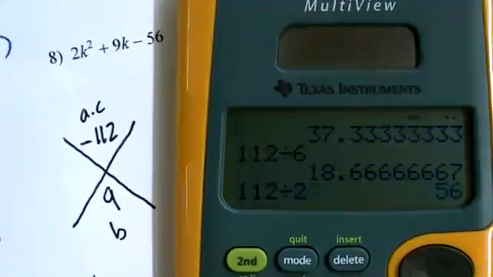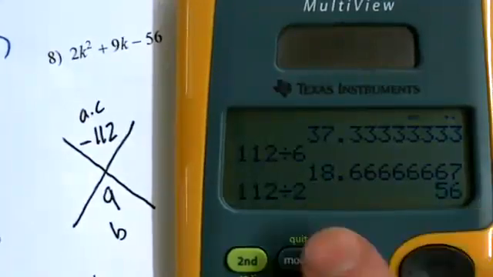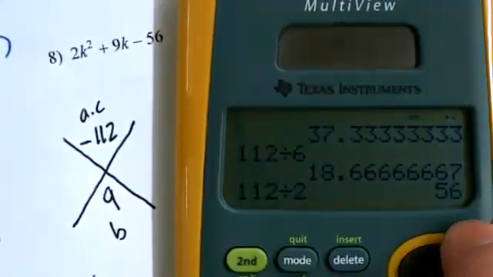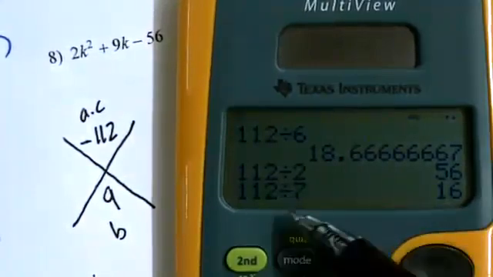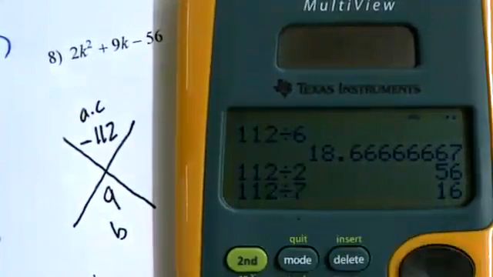2 and 56. Is there any way I can add a 2 and a 56, making one of them negative, and get 9? No, I need something bigger than 2. Give me something bigger than 2. 7 and 16. So I did 112 divided by 7 and got 16. That means 7 and 16 would multiply to 112.